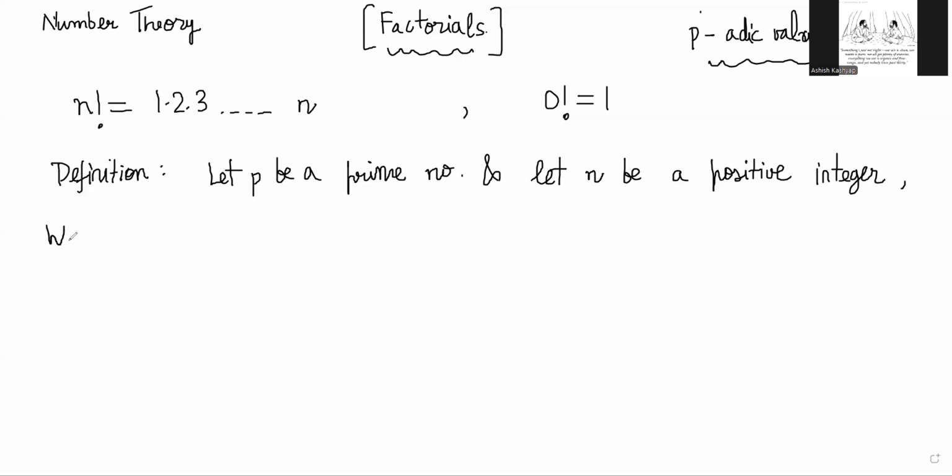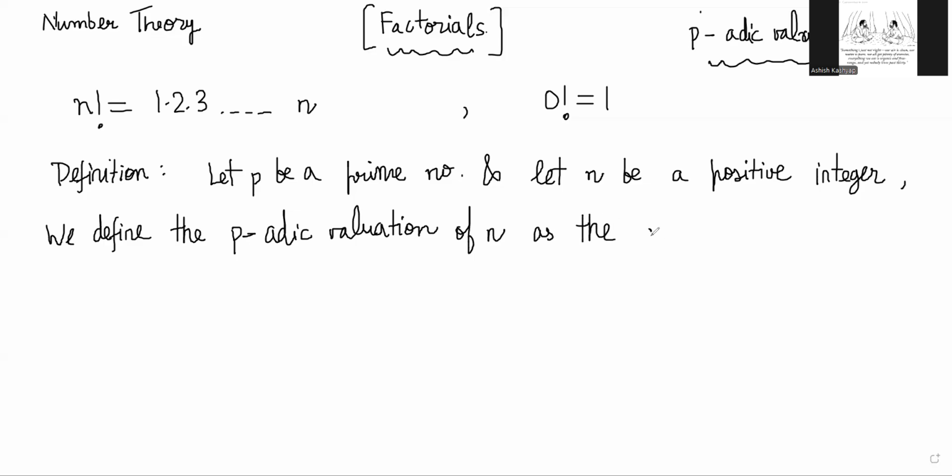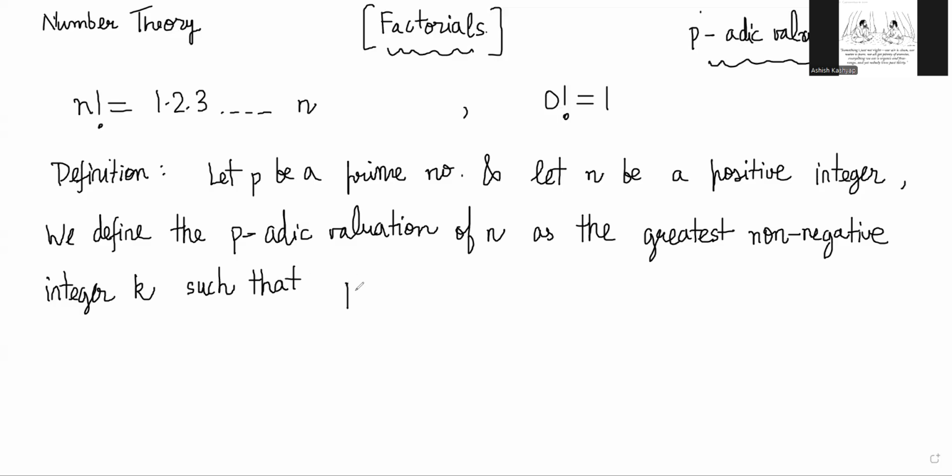We define the p-adic valuation of n as the greatest non-negative integer k such that p power k divides n.